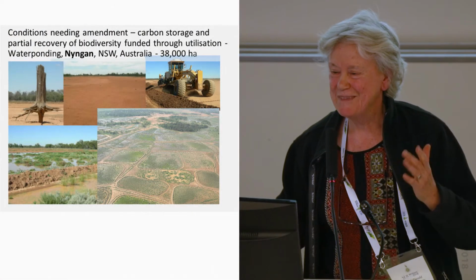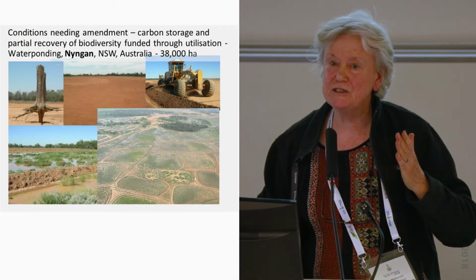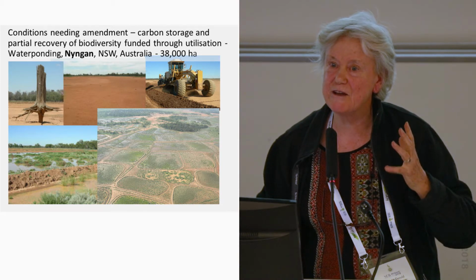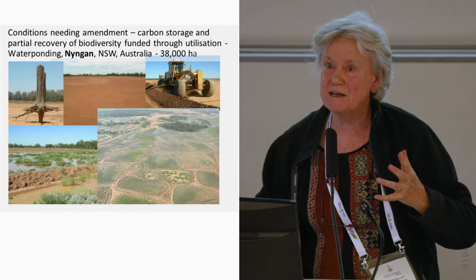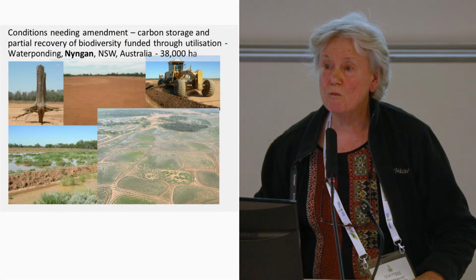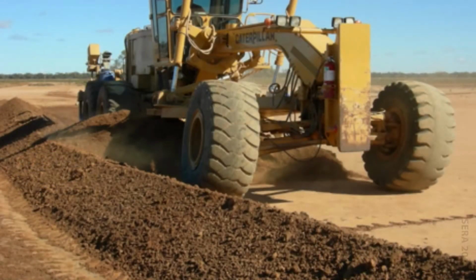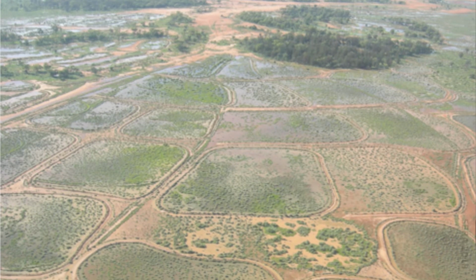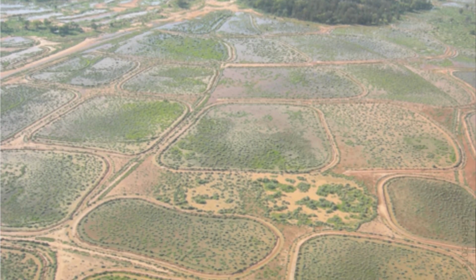Here we have an interesting case where the conditions weren't suitable. This is very old, in some cases 80 to 100-year-old degradation, clay pans from serious erosion in Western New South Wales and elsewhere, where the physical conditions needed to be amended for any recovery to occur. But the prior ecosystem was still the reference used here.